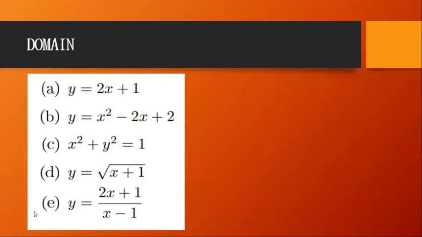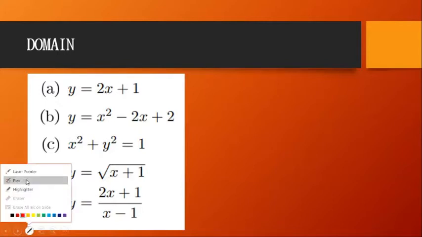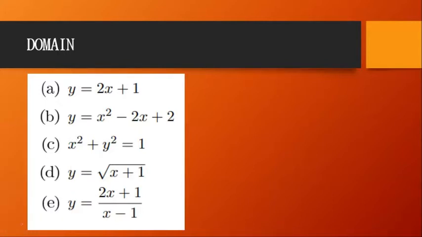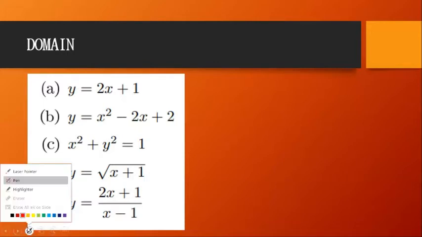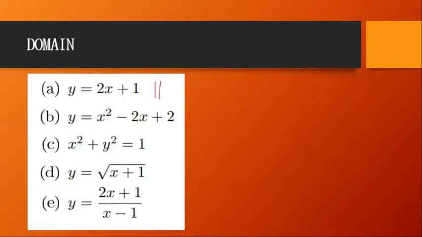Okay, and we will use these 5 examples kasi ito yung ginamit natin sa functions as an equation para malaman natin kung ano yung kanilang domain. So for letters A and B, na-prove natin that all real numbers will satisfy in our given function, 2x plus 1 and x squared minus 2x plus 2.